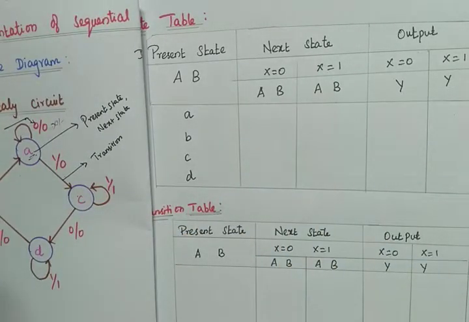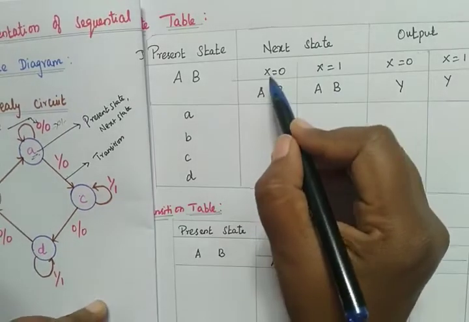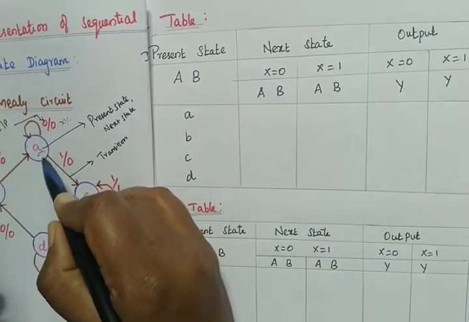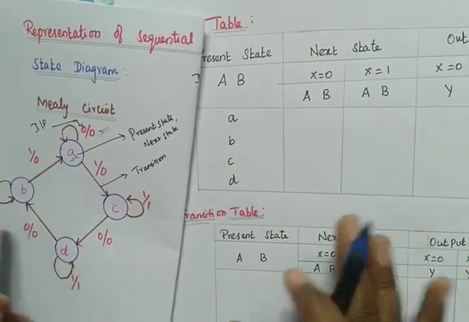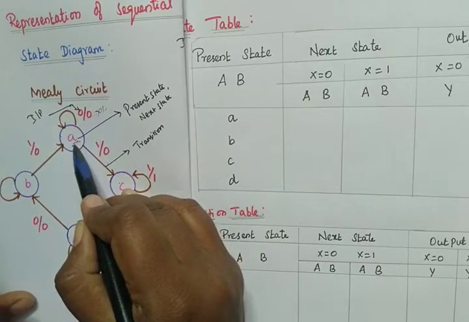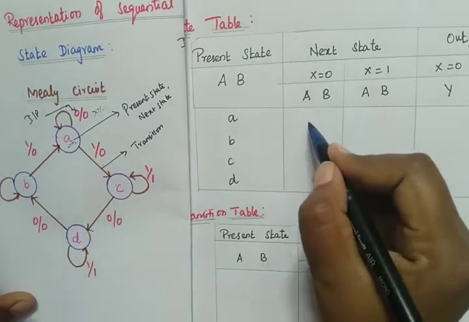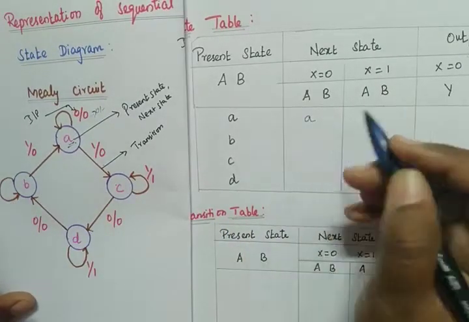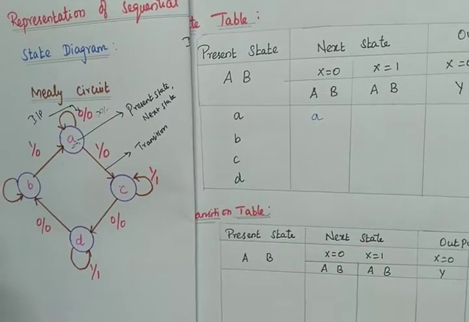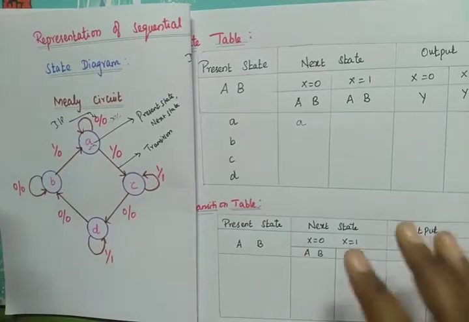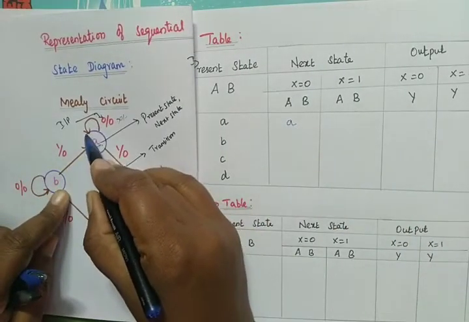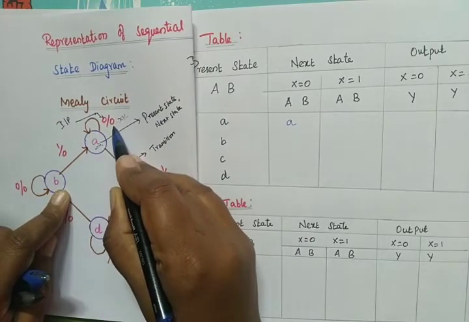Now listen. What is the next state when x is equal to 0 for A? For A, when x is equal to 0, it remains in the same state A. During that next state, what will be the output?